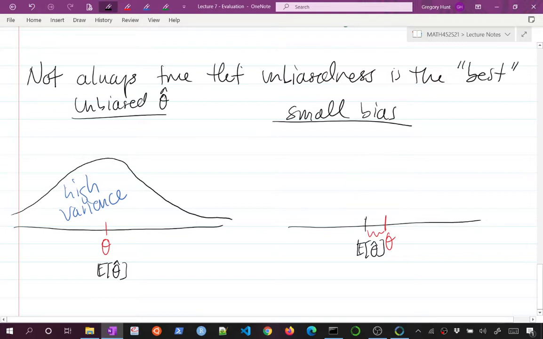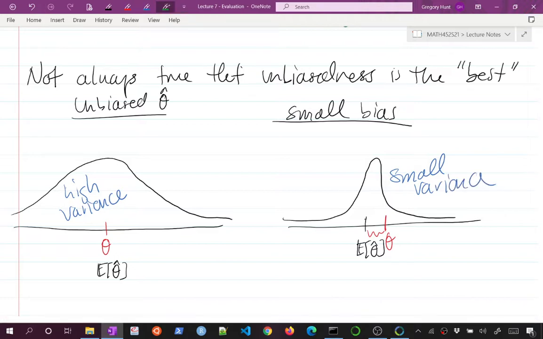So maybe it looks something like that, right? So the distribution around my mean is small. And what I mean is that it's not always true that unbiasedness is the best.